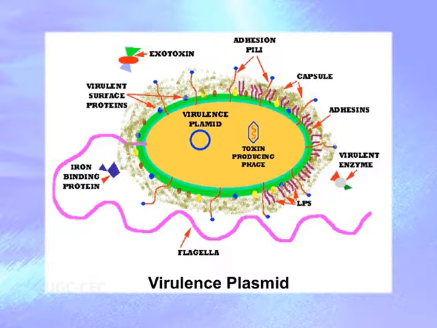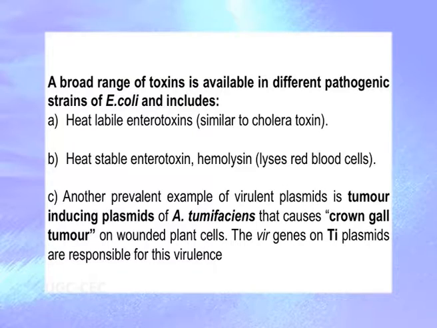Next, there is a broad range of toxins secreted by different pathogenic strains of E. coli. Number one is called heat labile enterotoxin, which is similar to cholera toxin, and second is heat stable enterotoxin, and hemolysin, that lyses the blood cells.